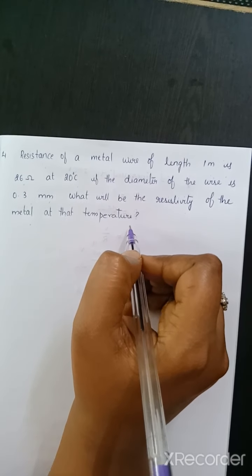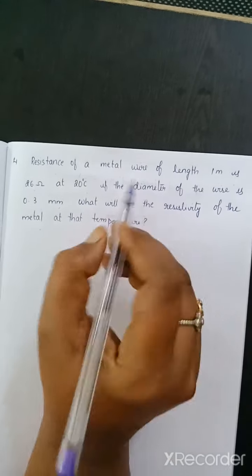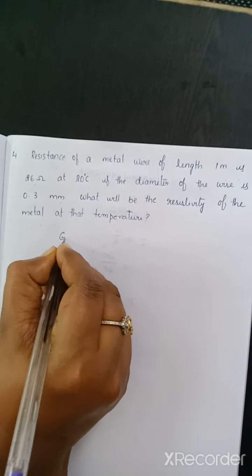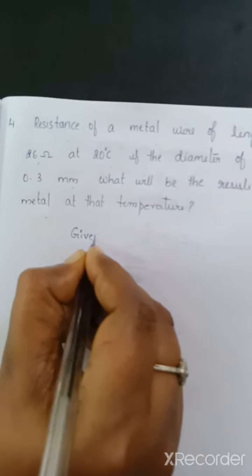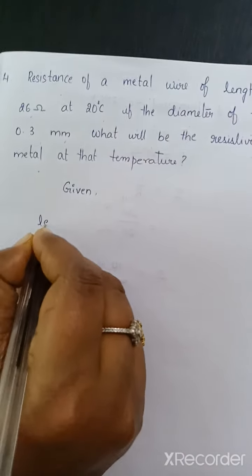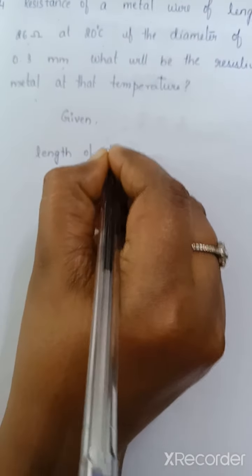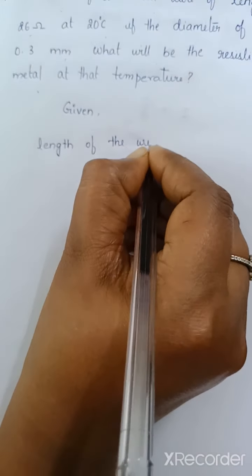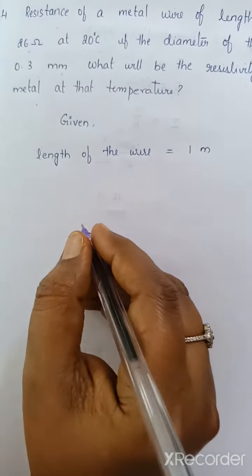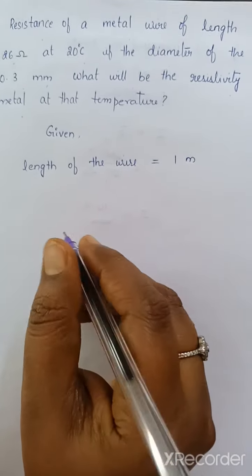It is a similar problem to the previous one. First write the data given. Length of the wire is 1 meter. It is already given in meters, so no need to convert it again.